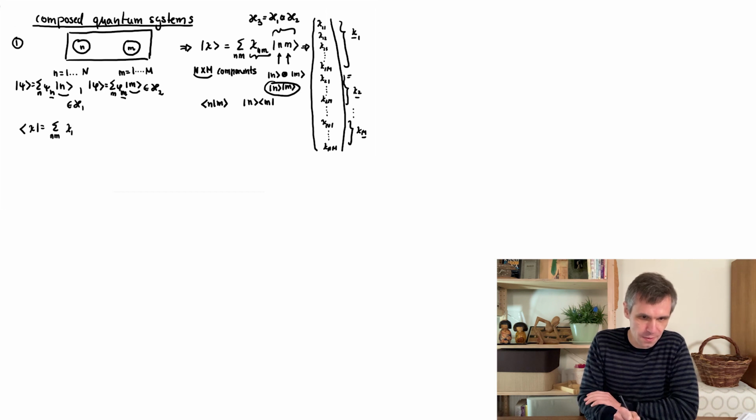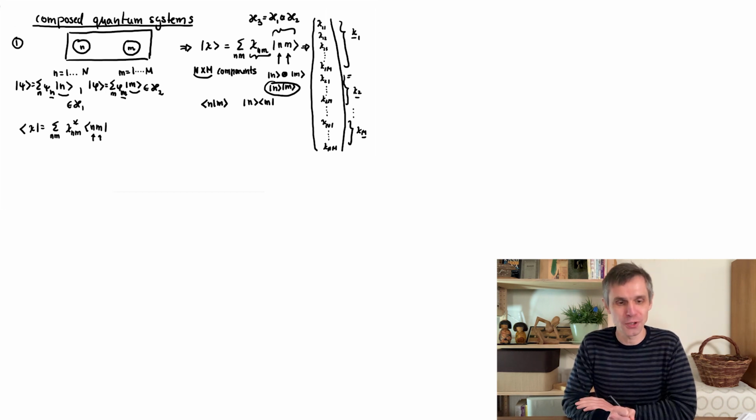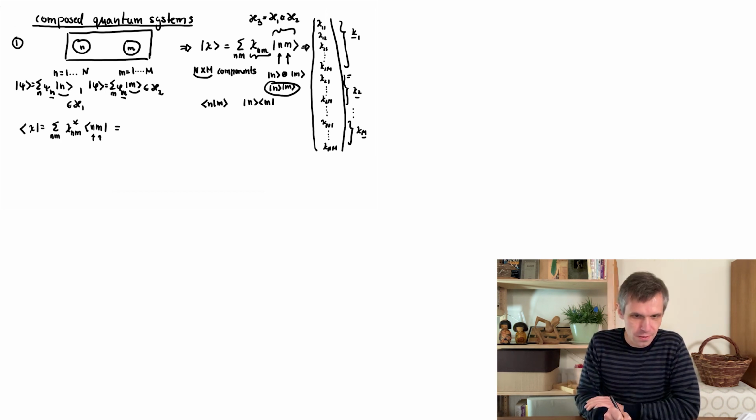And here we just have these complex conjugated amplitudes and these states pointing in the opposite direction. And observe that we keep the order of the entries. So this we are not going to interchange. And in terms of vectors, this would just now be a row vector with just complex conjugated entries, but with exactly the same ordering that I introduced above.